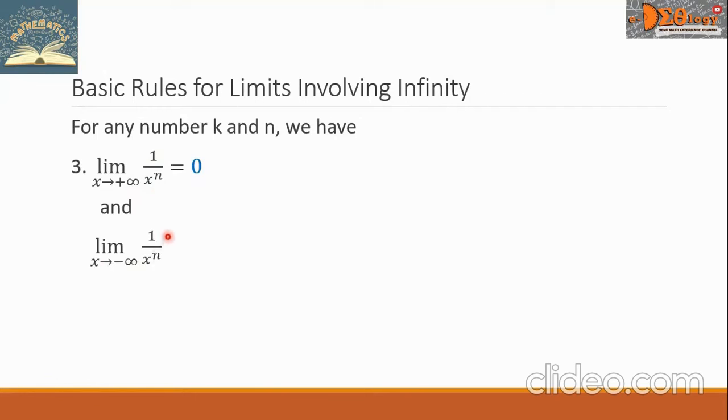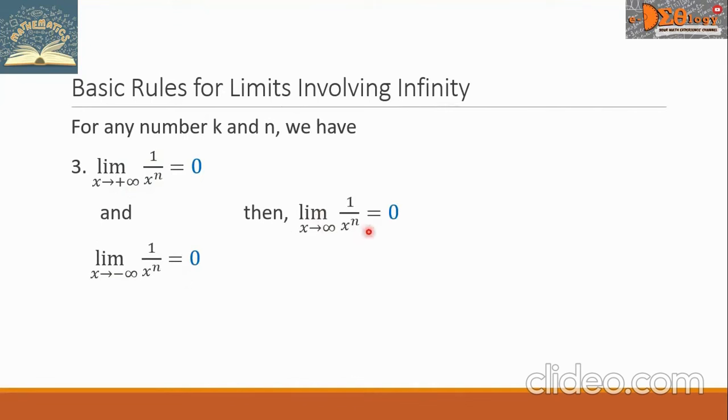And the limit of 1 over x raised to n as x approaches negative infinity, the answer is 0. So we say that the limit of 1 over x raised to n as x approaches infinity, this is a two-sided limit now, equals 0.